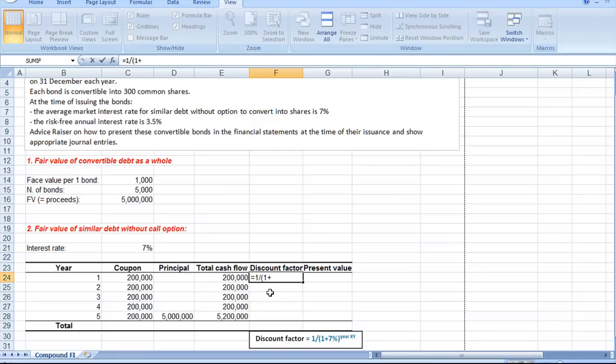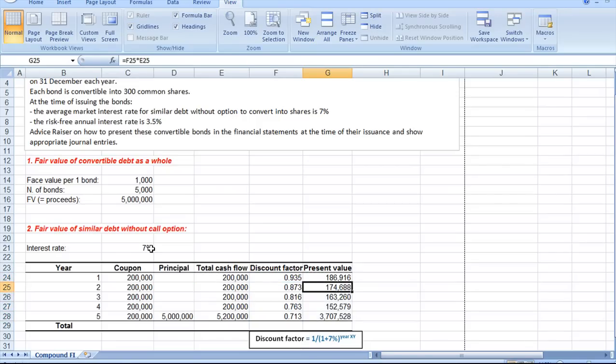Let me just insert it here. And the present value of individual cash flows is our discount factor multiplied by the cash flow in individual year. Right, just copy it to the other lines.